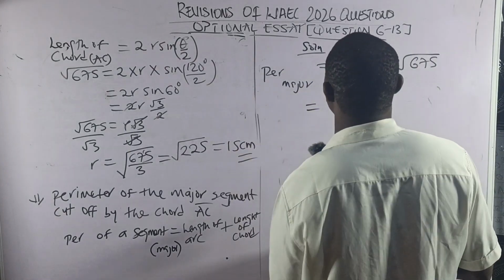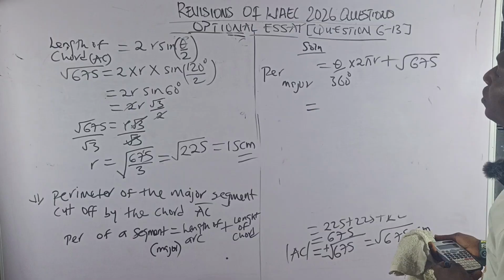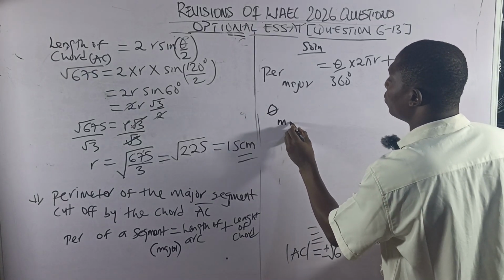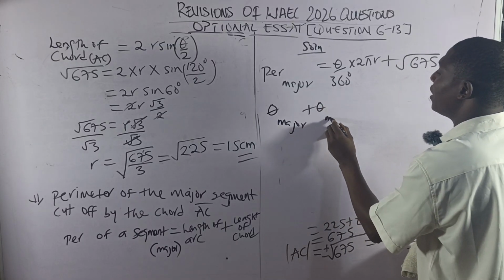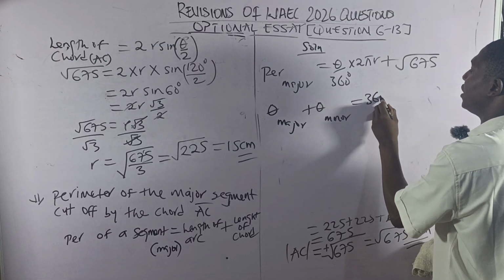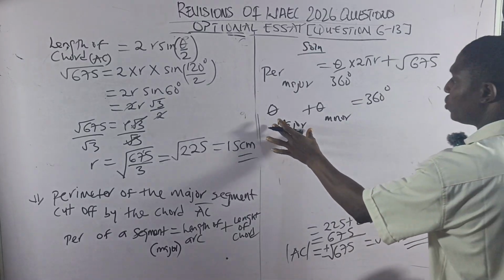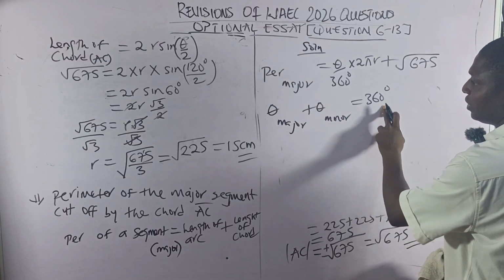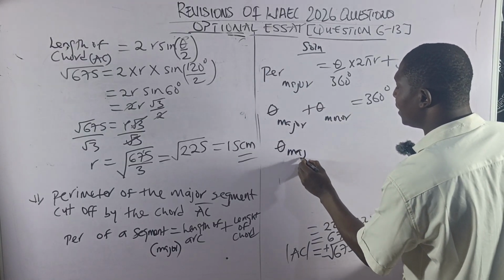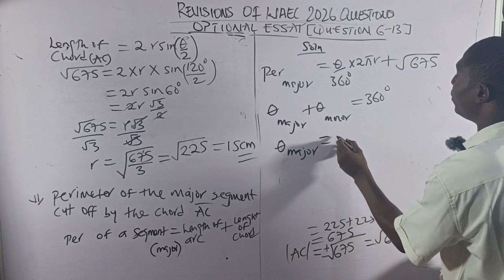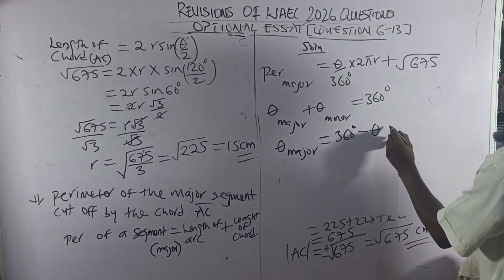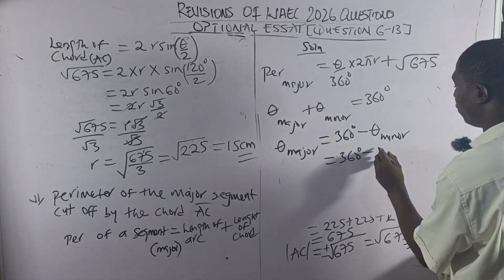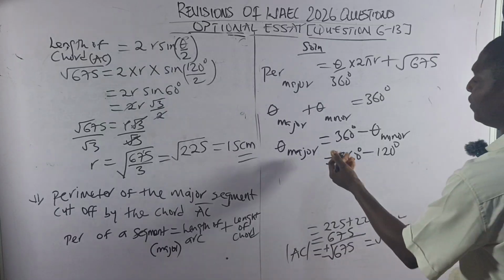The theta, the 120 there, is for the minor segment. So for the major segment, theta major plus theta minor will be equal to 360 degrees. The angle subtended by the major segment plus the angle subtended by the minor segment must be equal to 360 degrees. So theta major will be 360 degrees minus theta minor, which is 360 degrees minus the given angle 120 degrees, because the bigger must be that for major.